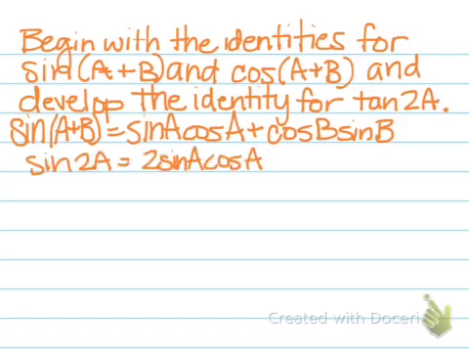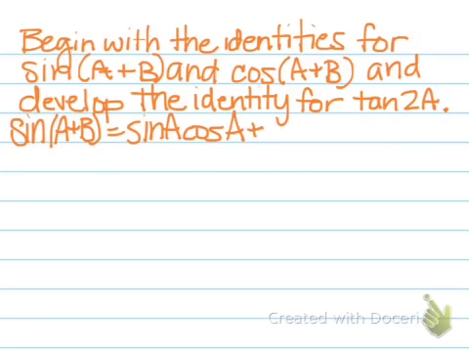So we figured out that sine of 2a is 2 sine a cosine a. And really, you can kind of just look at it. Let me see. This actually is not right what I have written here. I'm going to have to go back and fix that.